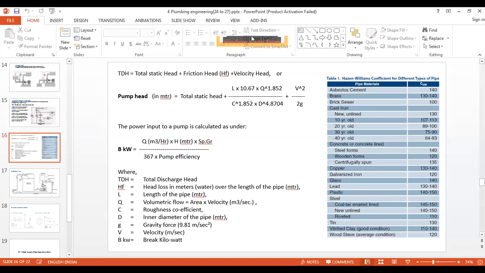If you change the slope, the velocity will increase or decrease. So based on the site condition or based on the level also, we can change the slope and velocity and all. We will take that in a future class. Okay. Thank you.